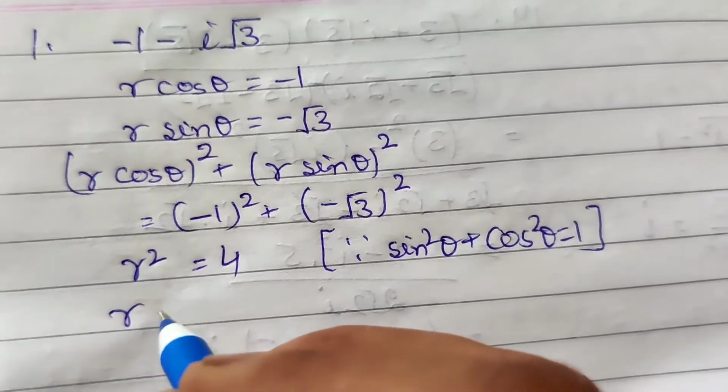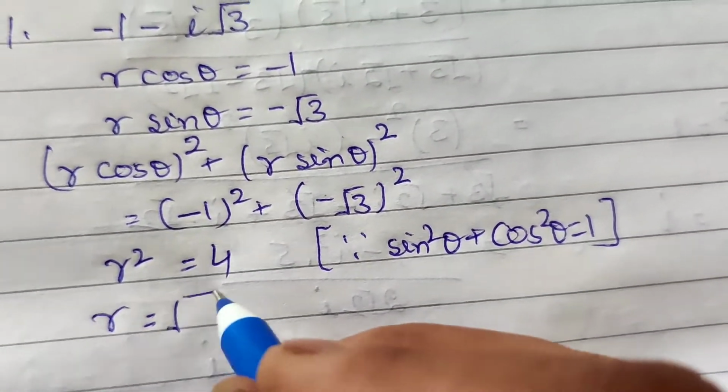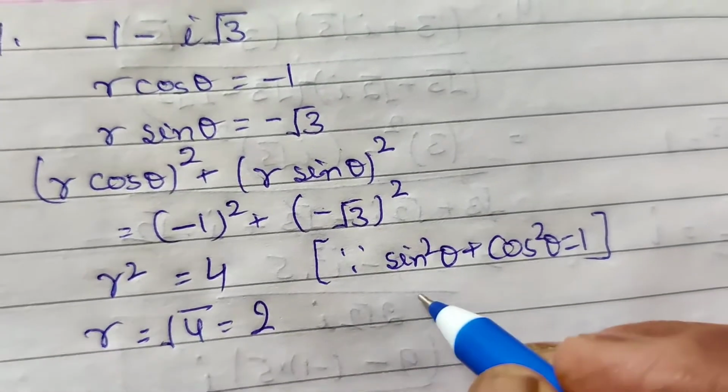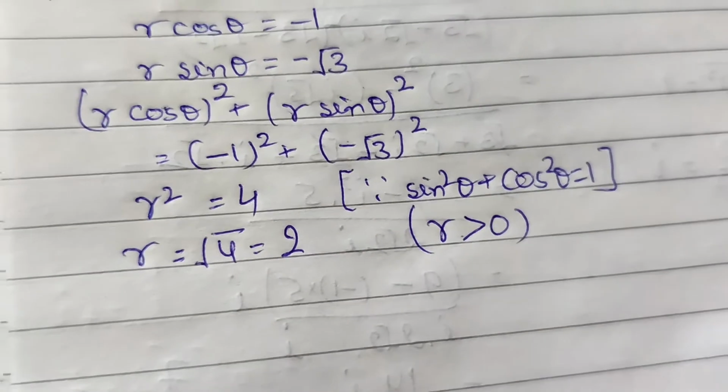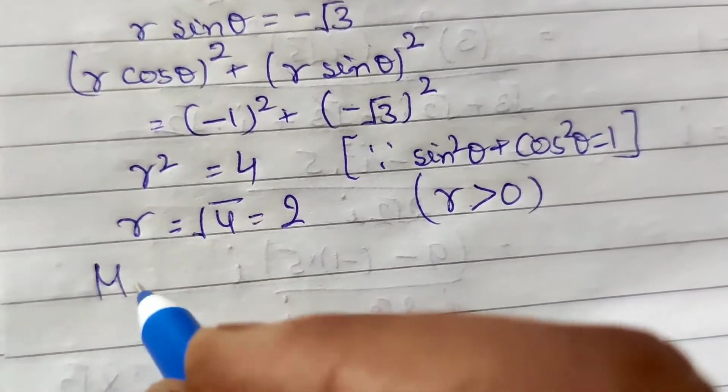And r equal to √4 equal to 2, because r is always greater than 0. Now modulus equal to 2. Modulus is r.